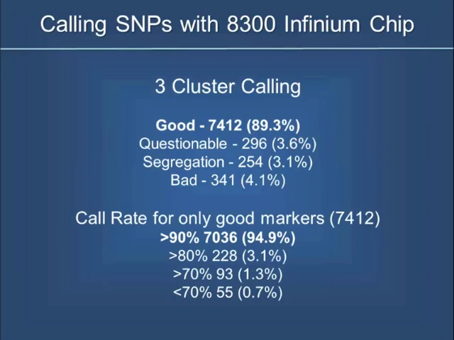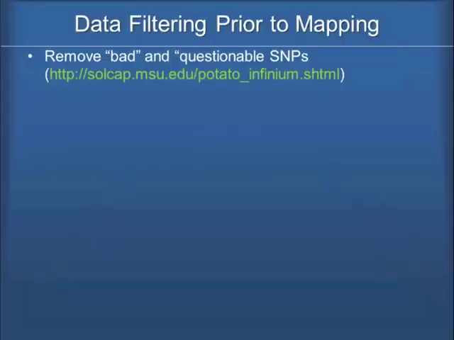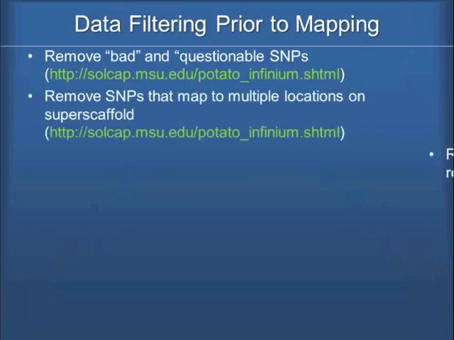And then you can see the other parts here, the questionable segregation, questionable bad segregation, and here's a call rate for the good markers: over 7,000 of them have a 90% good call rate. These are the ones that we want to work with. So we filter out those 900 bad SNPs. It's amazing, we're throwing away 900 genetic markers.